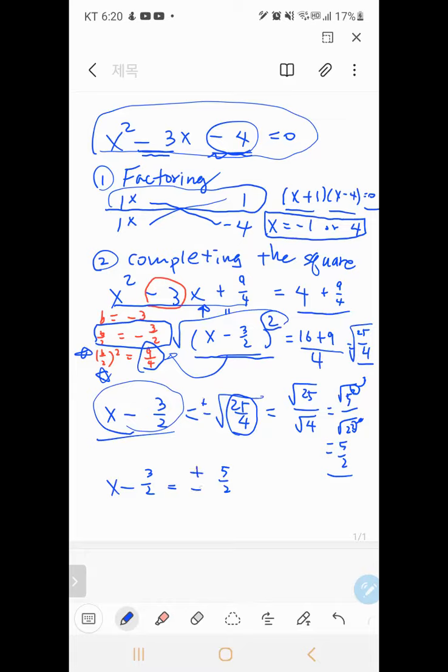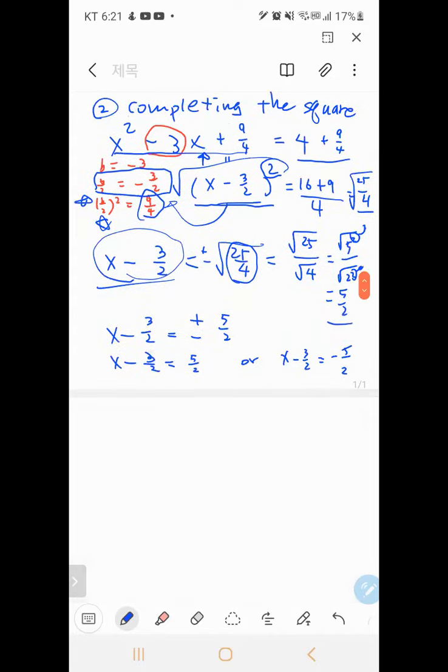So here we should have a plus minus sign. Okay? Now, that means we should have x minus 3 over 2 is either 5 over 2 or x minus 3 over 2 is minus 5 over 2. And we calculate both sides.